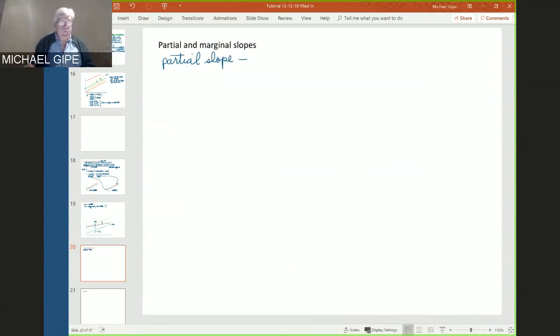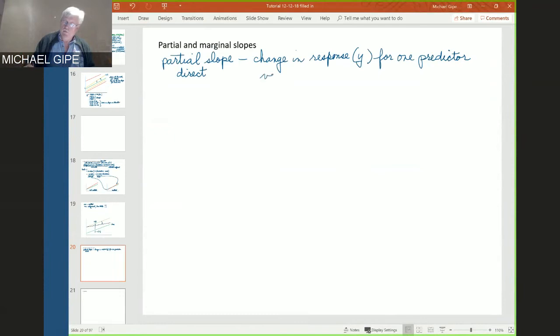The partial slope, think of it this way. It's talking about the direct effect of a particular x variable on your response, your y, and it is essentially the change in response, the y effect, for one predictor variable, one x variable, in a multiple regression model, taking the others into account.